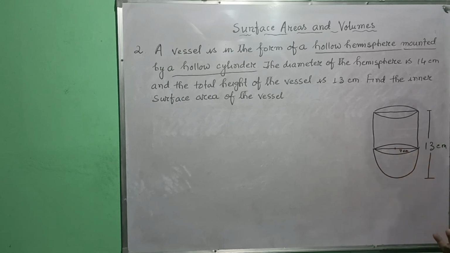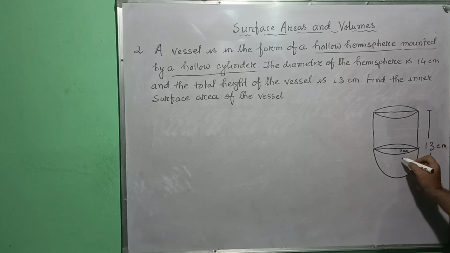We need only the radius of the hemisphere. But in the case of the cylindrical part, it is not directly given, but we can find the height of the cylinder as the total height is given as 13 centimeter.